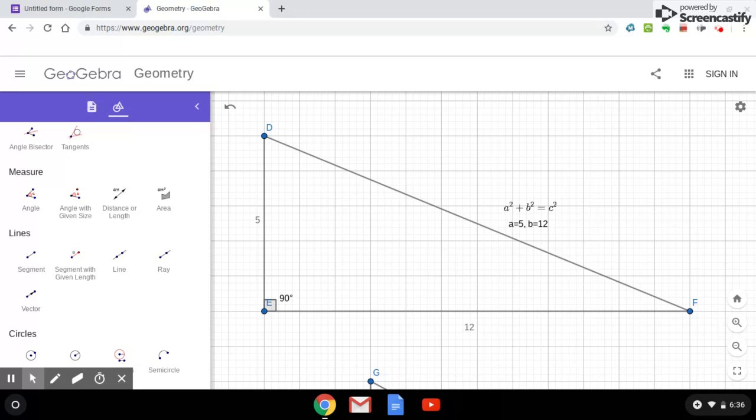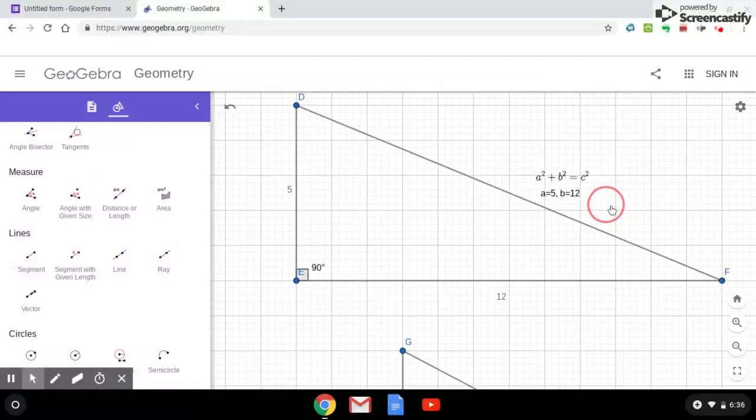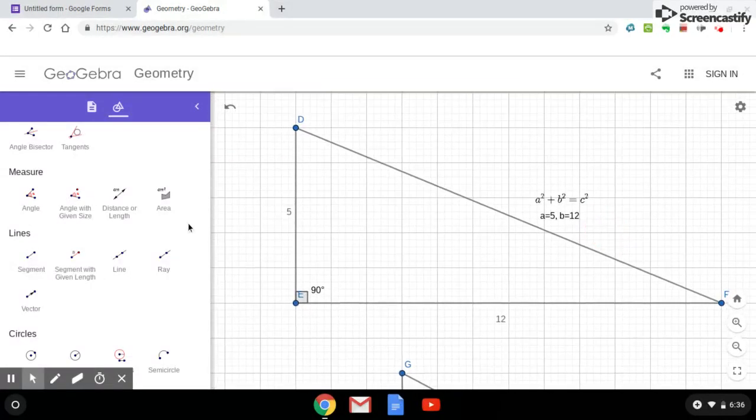If we were to add those on our calculator, 5 squared plus 12 squared, or 25 plus 144, we would get 169. And if we were to square root that, or just because we've already memorized, we would have that our C value is 13.